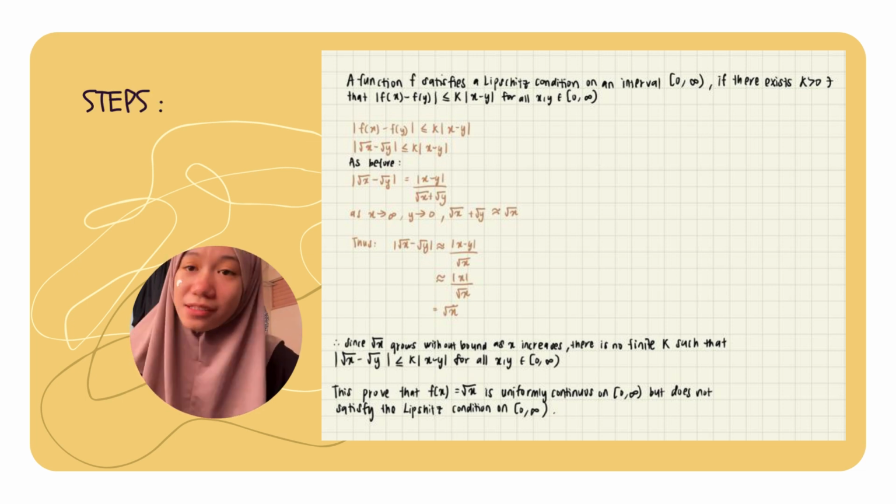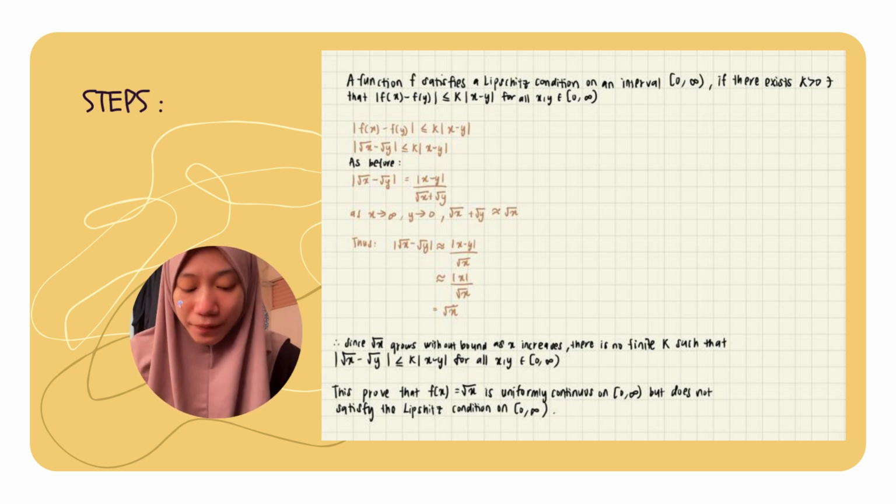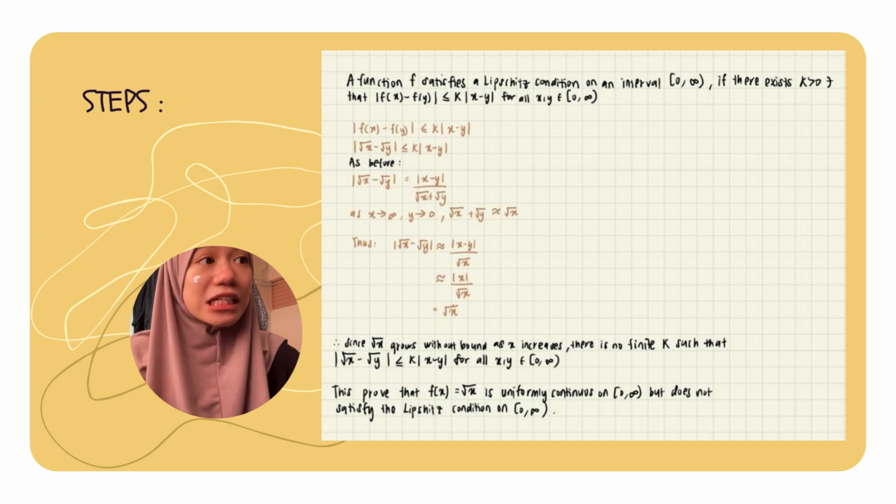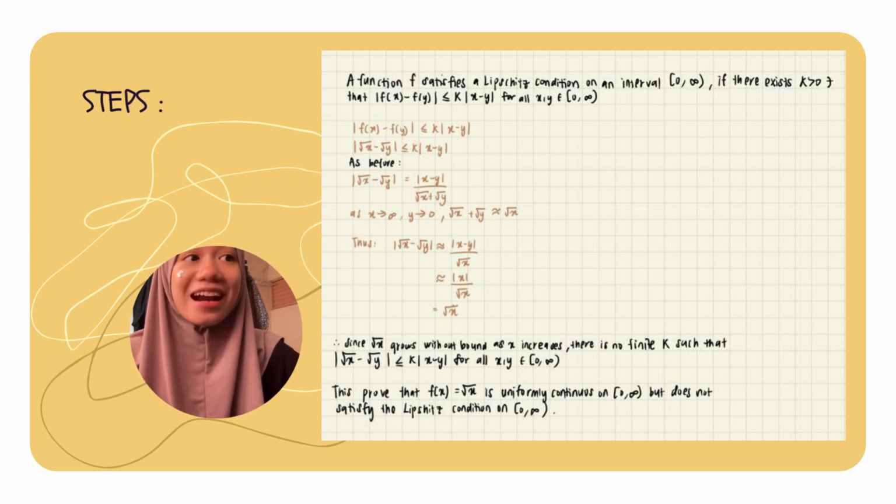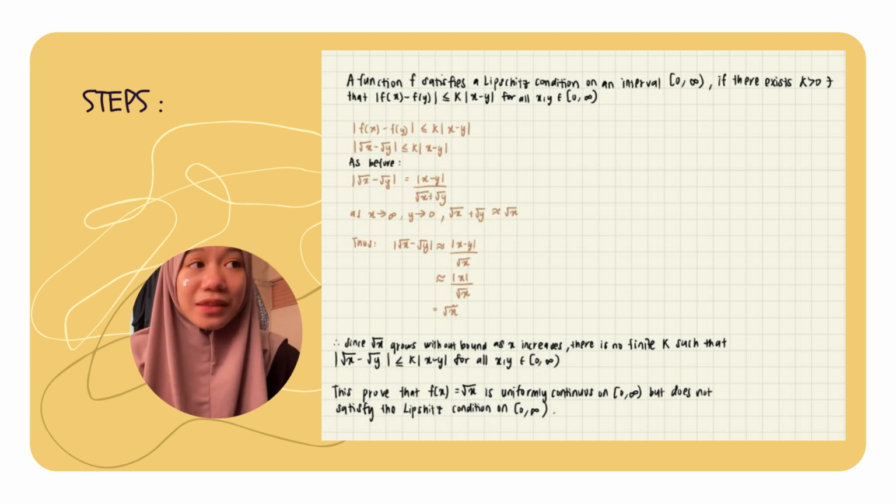So for the next step, we need to show that the function does not satisfy the Lipschitz condition on [0, infinity). And by definition, a function f satisfies a Lipschitz condition on an interval [0, infinity) if there exists k greater than 0, such that in modulus f(x) minus f(y) is less than or equal to k in modulus x minus y for all x, y element in [0, infinity).